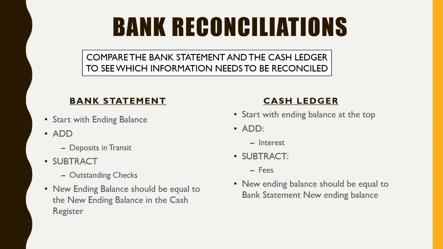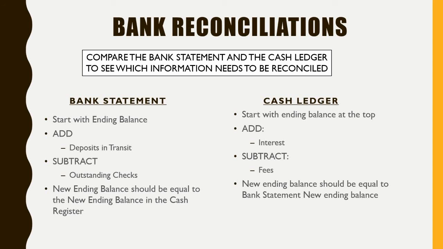For example, the bank knows that they charged you money because you wrote a bunch of NSF checks. However, on your end, did you know that? No, you would only figure that out when you get your bank statement, because it will tell you that you got charged X amount for all of these fees and this is how much interest you've collected.